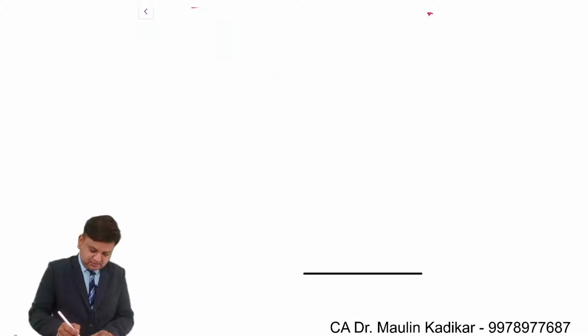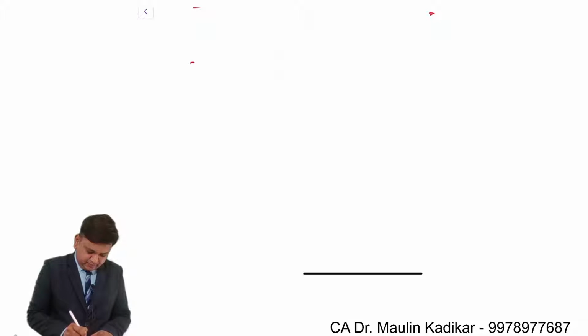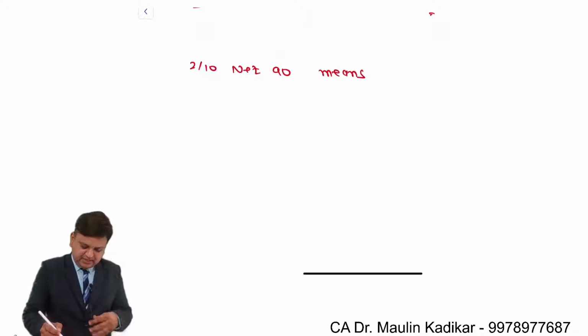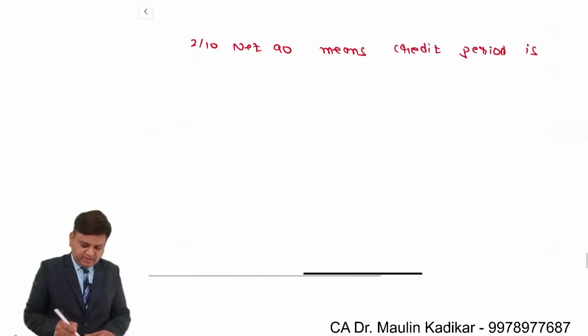Please write down the answer. 2 by 10 net 90 means credit period is 90 days.